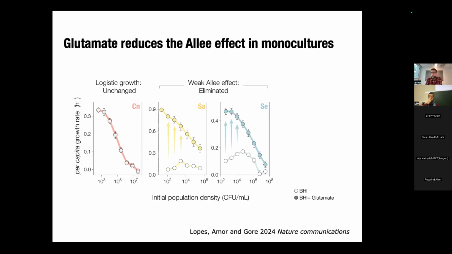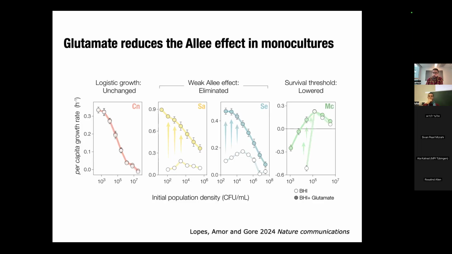So somehow it eliminated the cooperativity in their growth. And for Moraxella, it was alleviating the effects of this cooperation by making the minimal population number required to grow quite smaller. So this was great because now we can replay these competitions by eliminating this cooperativity in 3 of the species.